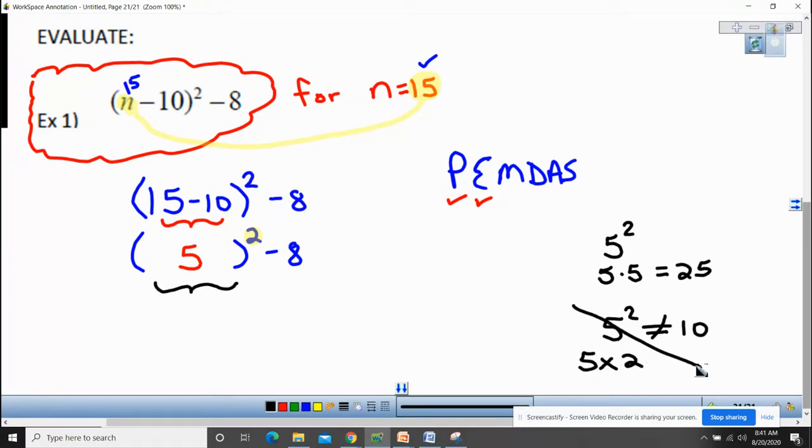So don't think like that. 5 squared means 5 times 5 equals 25. So this math right here is 25. And then I'm going to bring down the back part, which is minus 8.